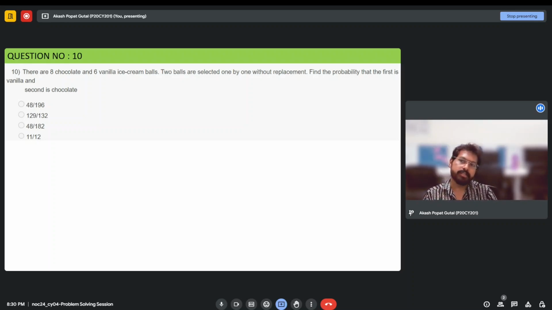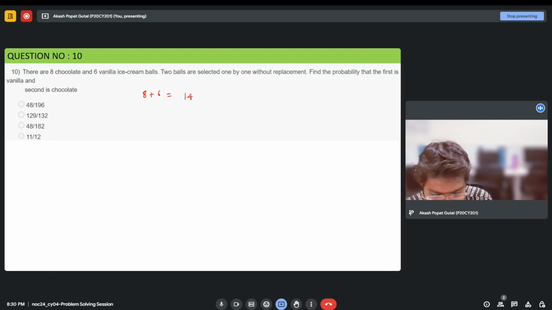So there are 8 chocolate and 6 vanilla ice cream balls. Two balls are selected one by one without replacement. The total number of entities is 8 plus 6, which is 14.